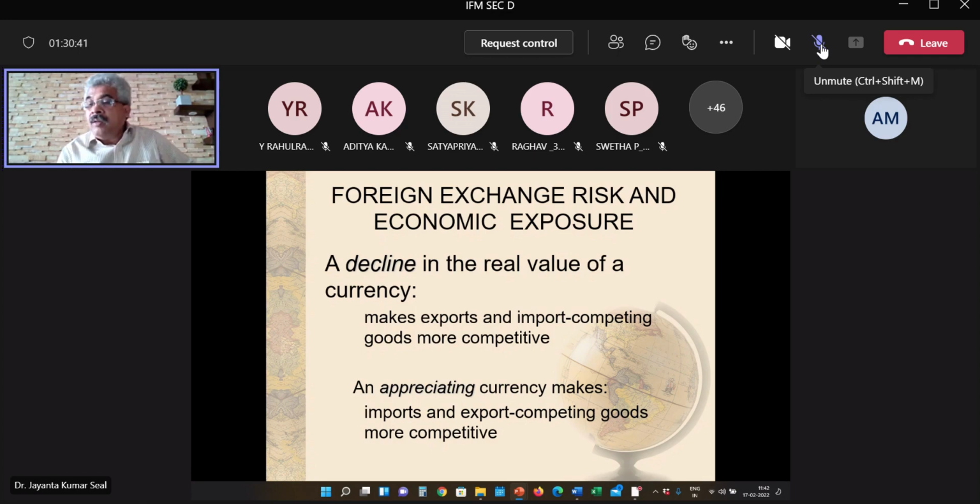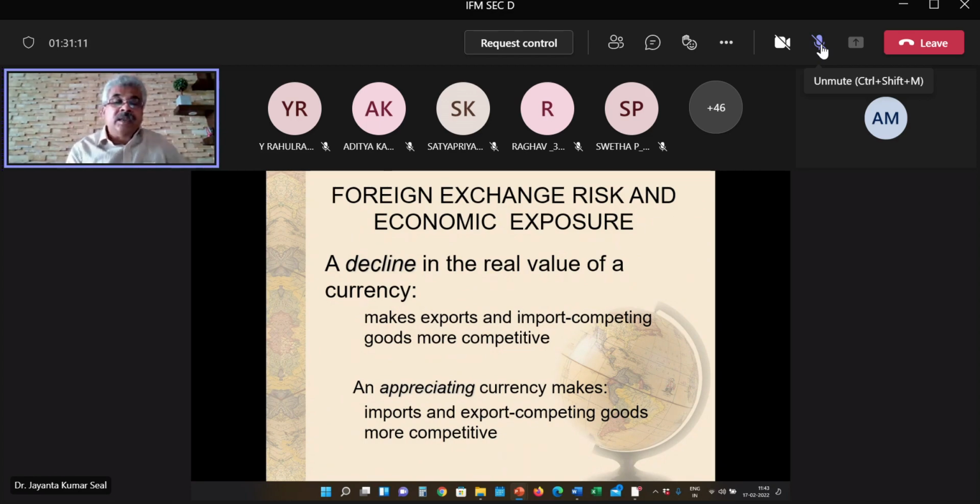So when the real value of my currency goes down, not only does my export become difficult, but for goods for which I have an import substitute, say Indian tea and foreign tea, I can import the foreign tea at a lower price, so it will be available in the country at a lower price. So my Indian tea will be costly compared to those.